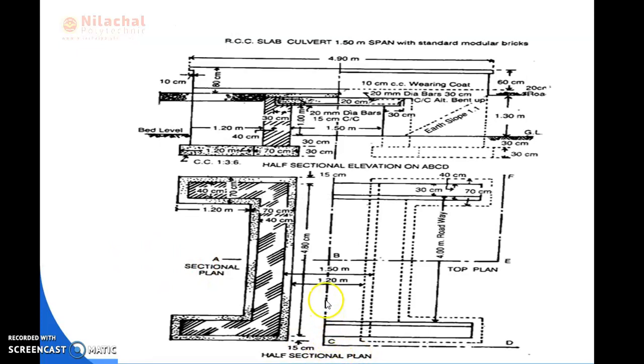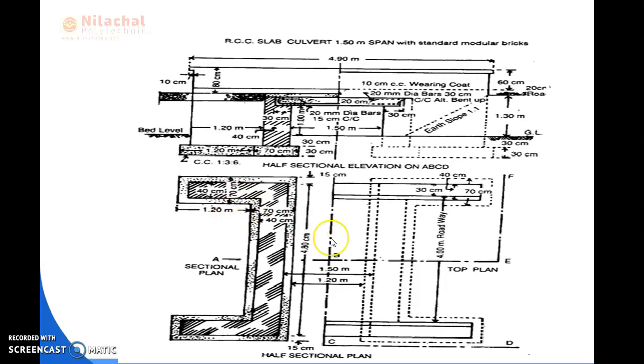In the half sectional elevation, we go through the ABCD section. The ABCD section cuts the abutment section. From this part we define the abutment length, and from this part we define the details of abutment breadth and height.